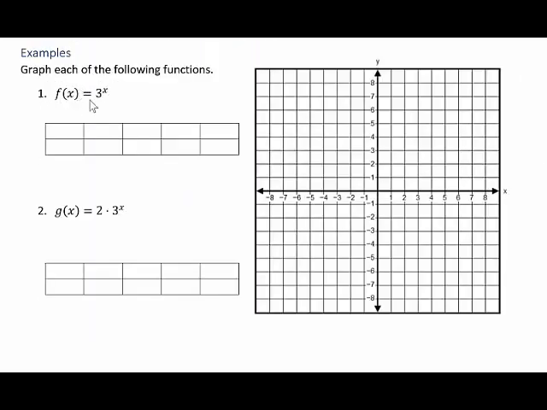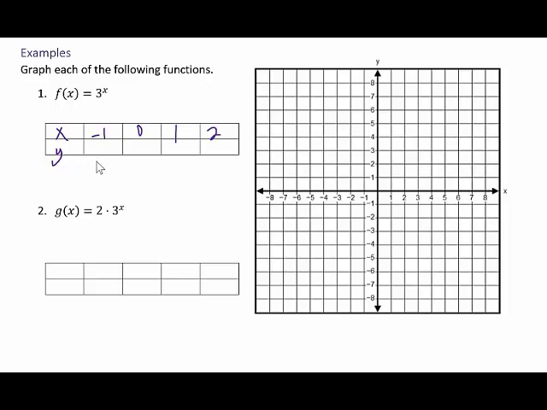So let's try to graph each of the following examples. The first one, we have f(x) = 3 to the x. We'll make a table of values. I'm going to choose x to be -1, 0, 1, and 2.